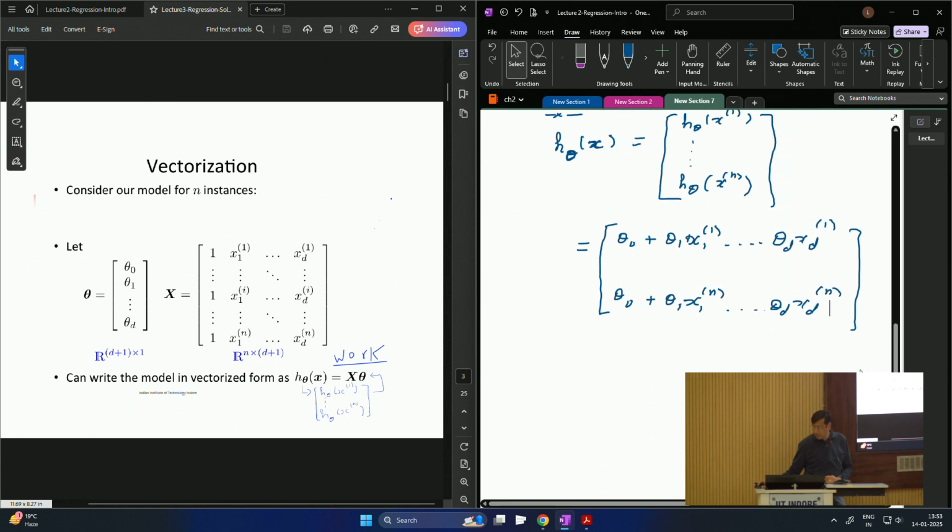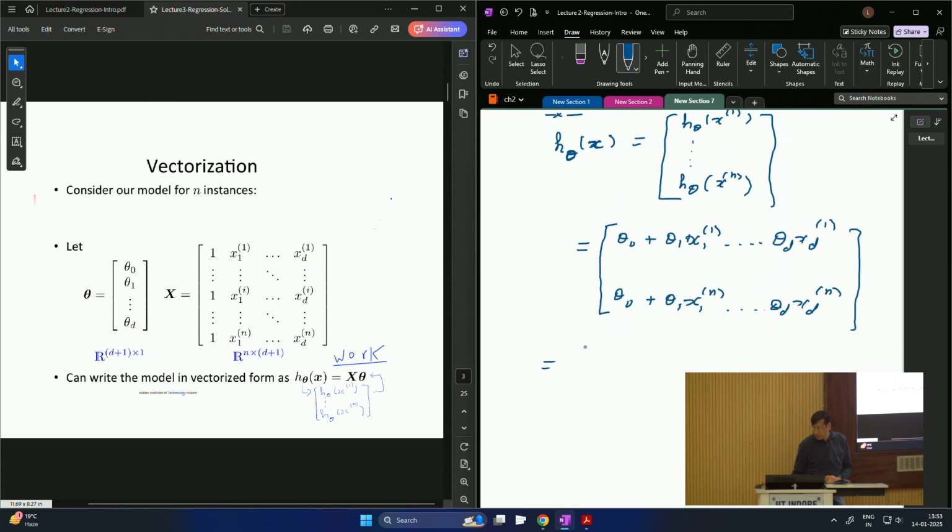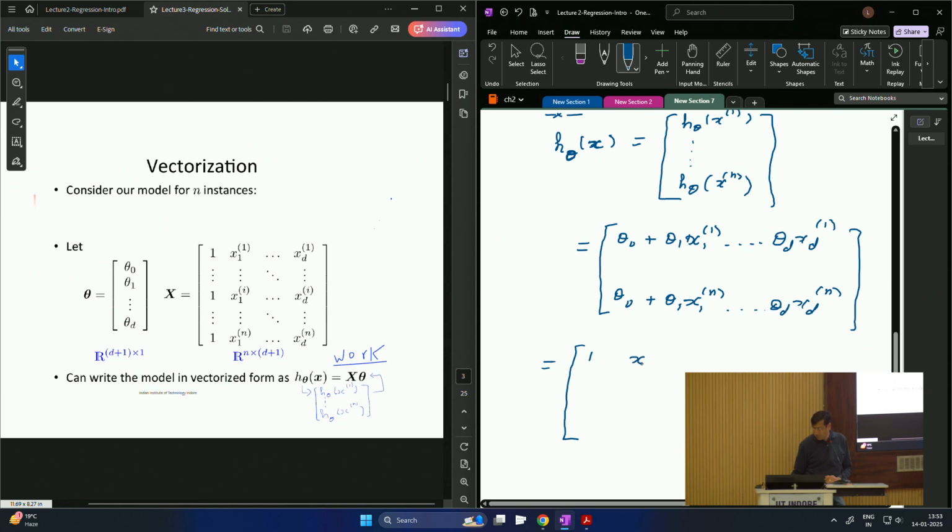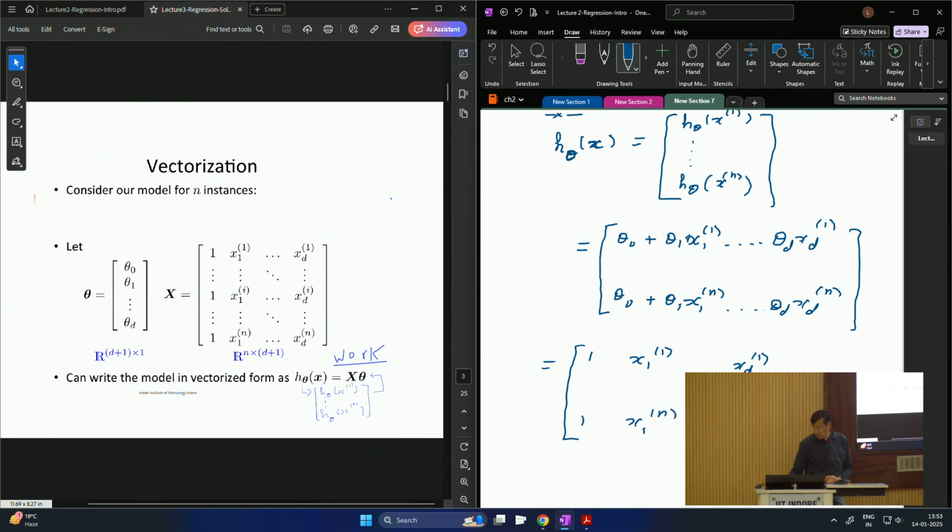So this could be written as 1, x11, till xd1, then 1, x1n, till xdn. And I'll pull the thetas on the outside, theta naught, theta 1, theta d.